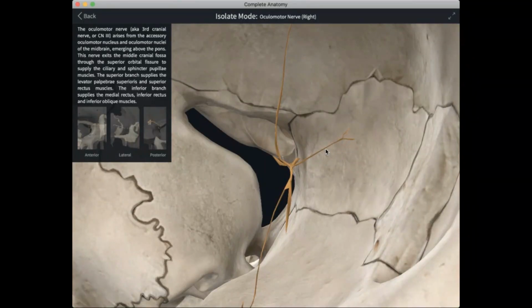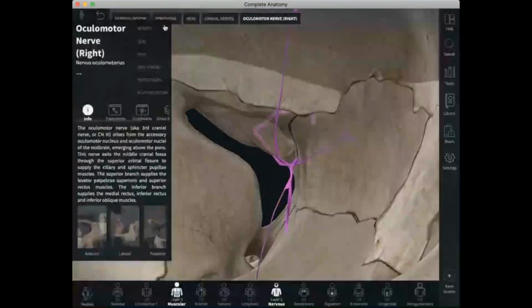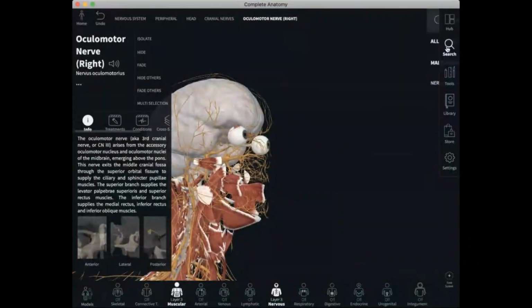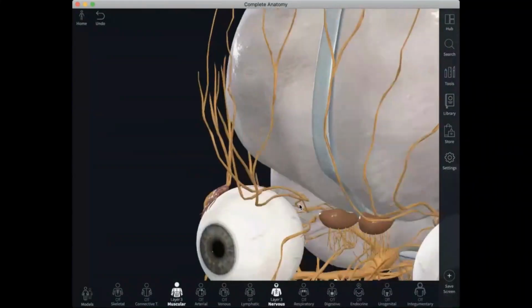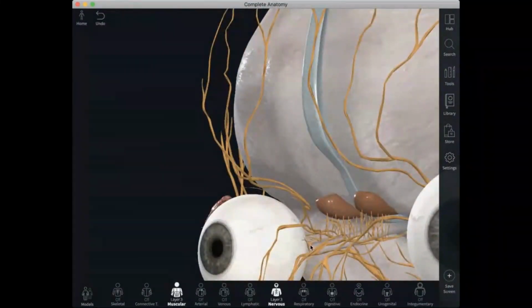The oculomotor nerve has some parasympathetic branches supplying the iris. I want to show you the ciliary ganglion, which is formed by this oculomotor nerve and lies at the posterior aspect of the eyeball.